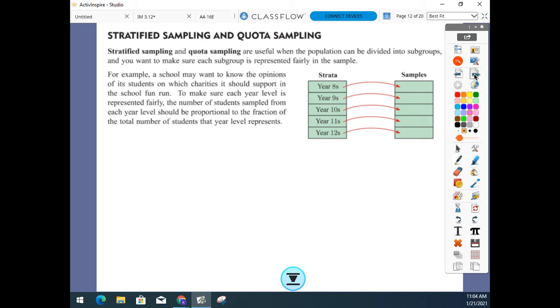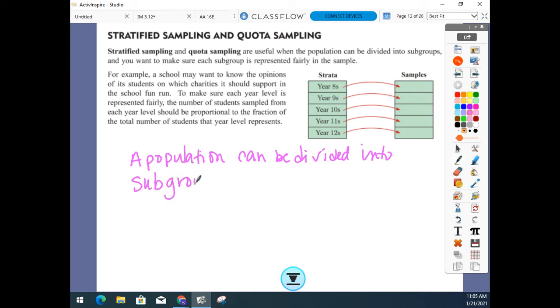All right, so stratified. I actually looked this up, and I'm going to write it this way. A population can be divided into subgroups. So you divide everybody into subgroups, and then you choose out of each subgroup.